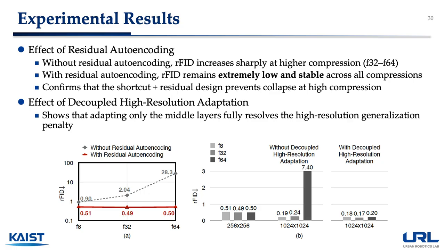And on the right, you can see that when the autoencoder is trained only at low resolution, the reconstruction collapses as soon as we move to high-resolution inputs, especially at higher compression. After applying our decoupled high-resolution adaptation, the reconstruction quality at high resolution is restored to the same level as the low-resolution case. This shows that updating only the middle layers is enough to eliminate the high-resolution generalization issue.